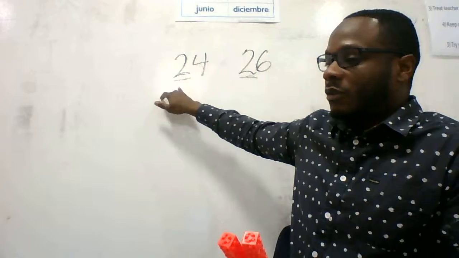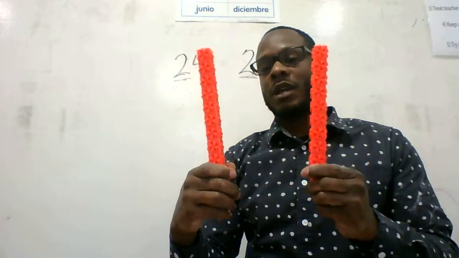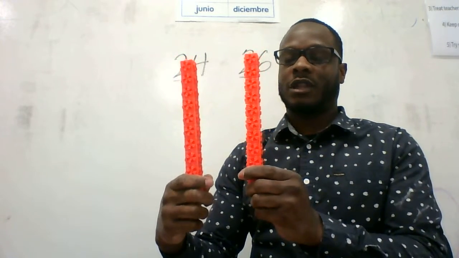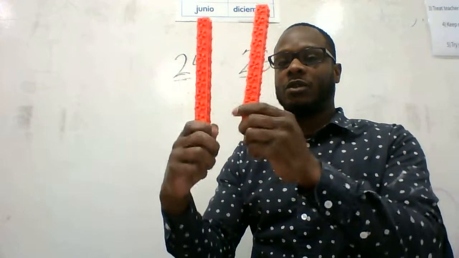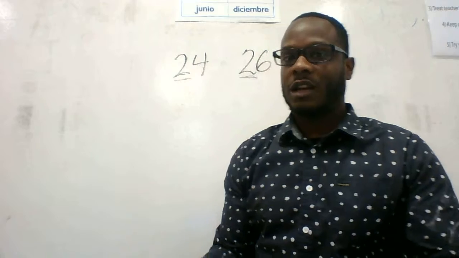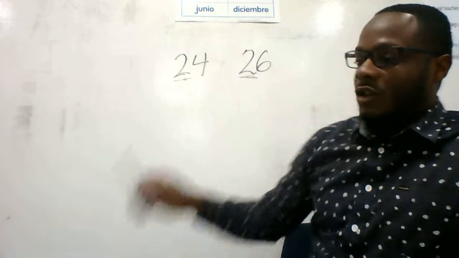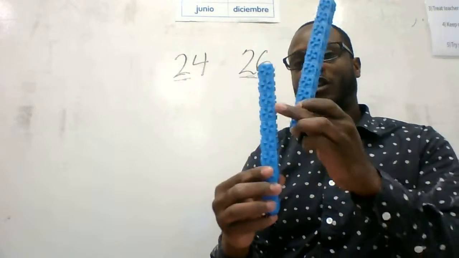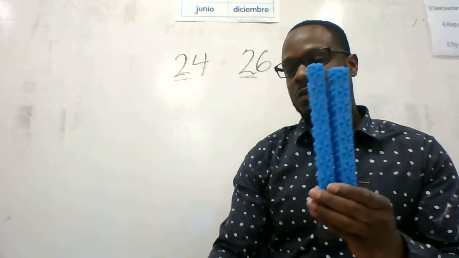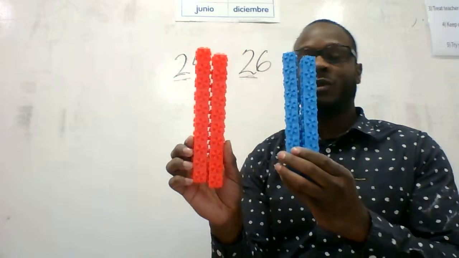The first number, 24, has 2 10s place blocks. So there's 10 here, 10 here. That equals 20. But this time, the number 26 also has 2 10s place blocks. We have 10 here, 10 here. That makes 20. So can you tell which one is greater by looking at these two?